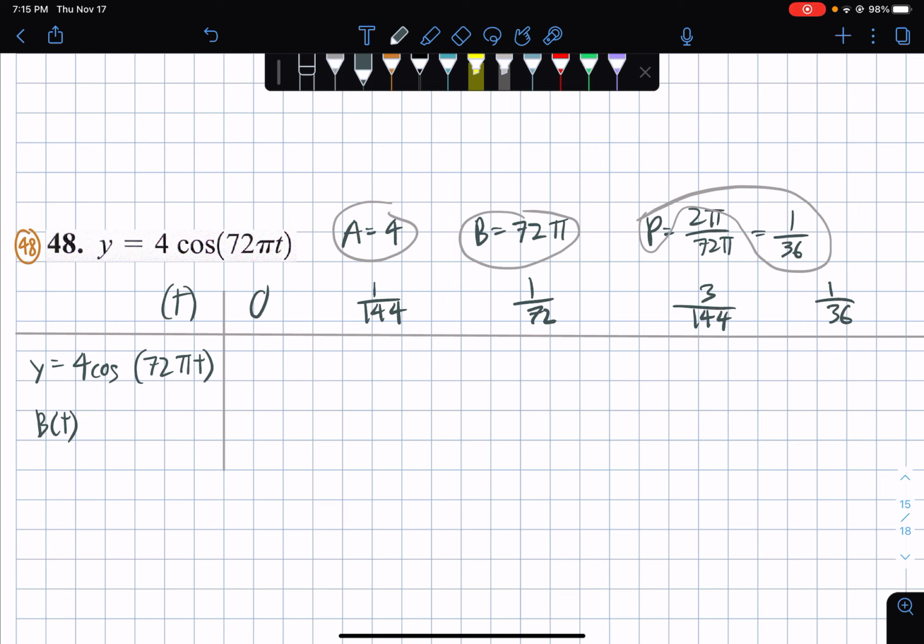Here, it's 1 over 144, probably 3. Okay, let's see what we have. 3 over 144. If you simplify it, it is basically 1 over 48. Multiply the t variables that we have found with 4 cosine 72 pi. We get the following.